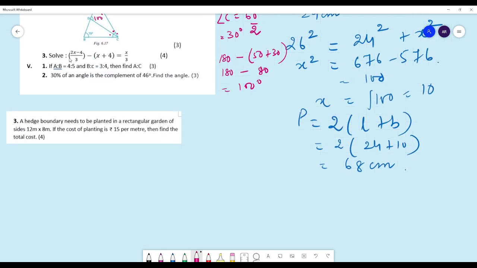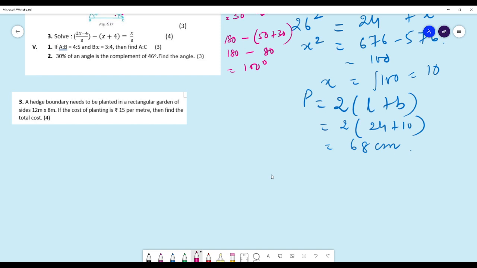Now let us move on to this question. Solve 2x minus 4 by 3 minus x plus 4 equals to x by 3. This is what you are supposed to solve over here. So what we do over here is we change this.